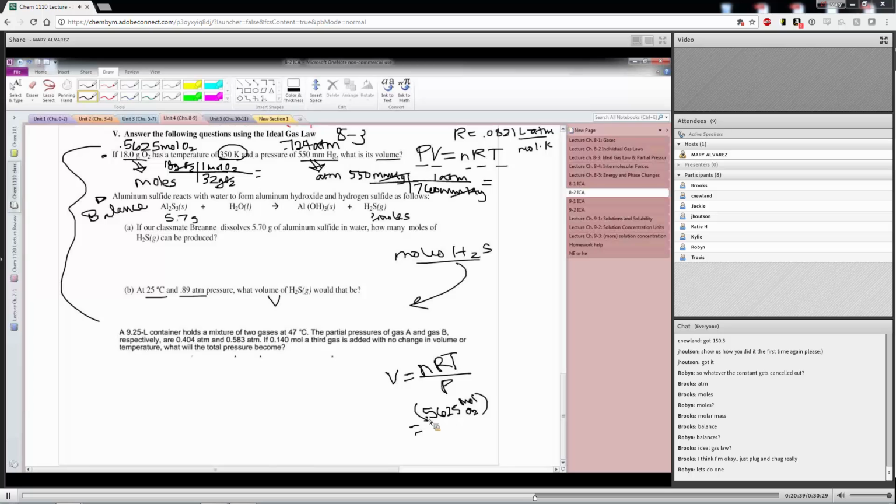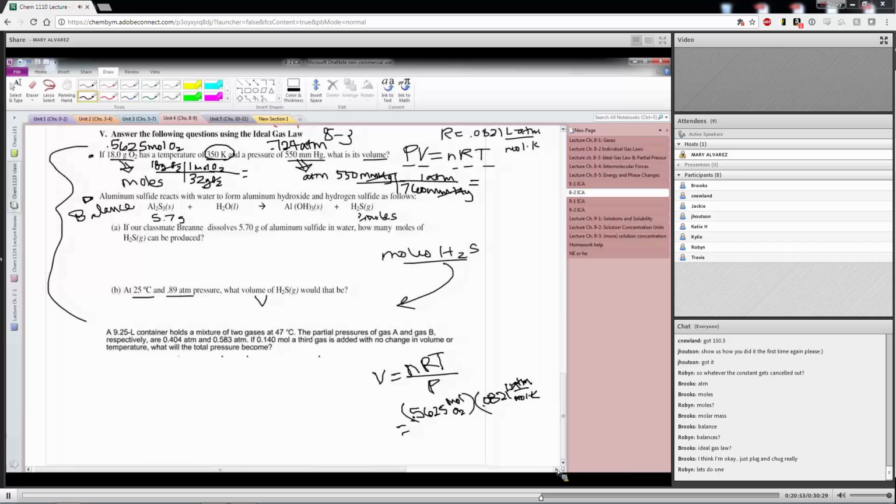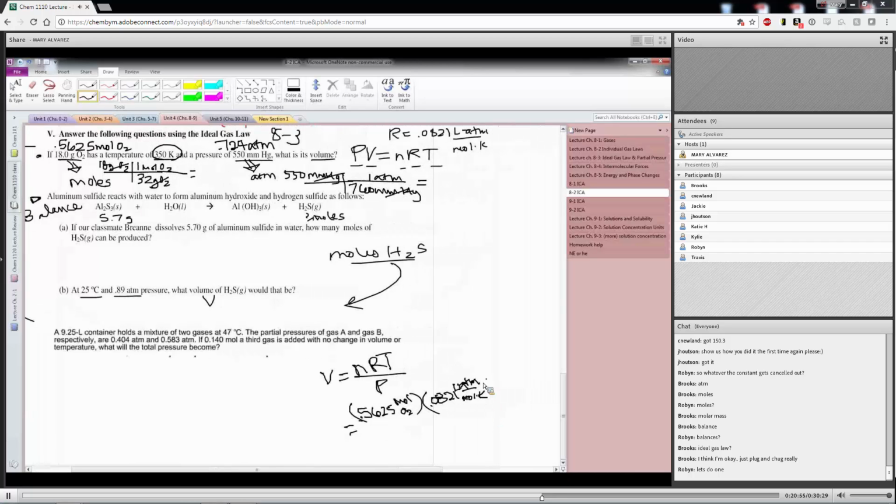R is my ideal gas constant, 0.0821 liters times atmospheres over moles times Kelvin. Always remember the 0 there. Okay, my temperature was given up here. It's 350 K. And then my pressure I calculated here is 0.724.